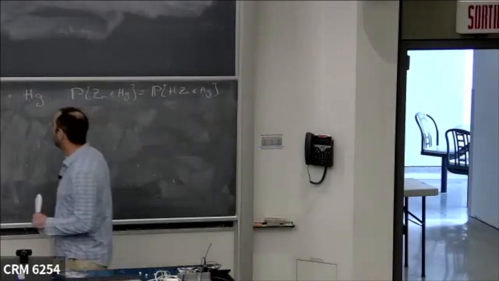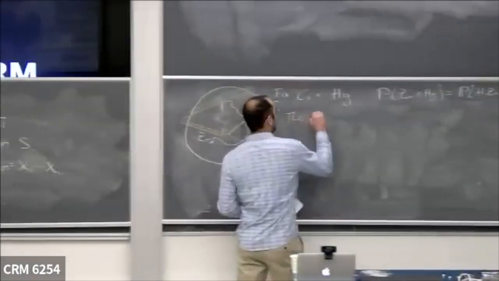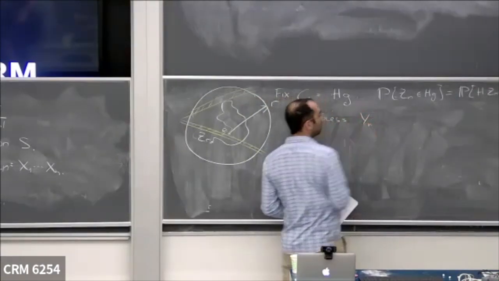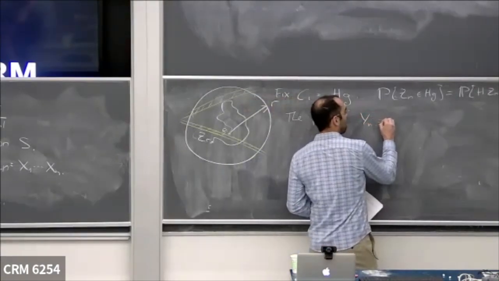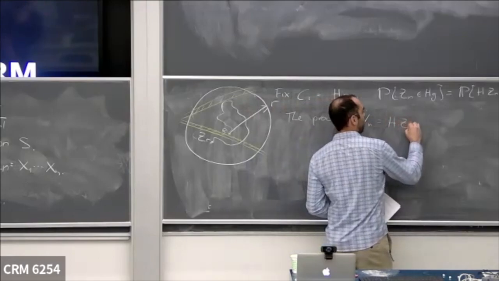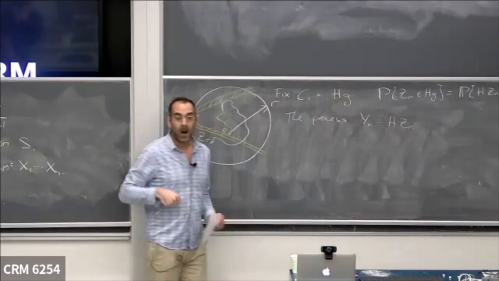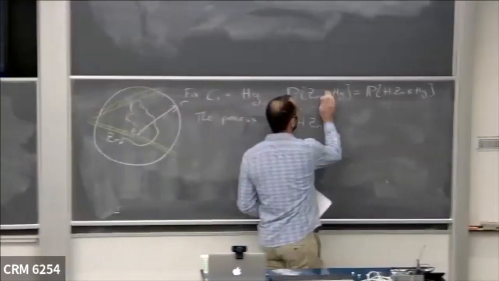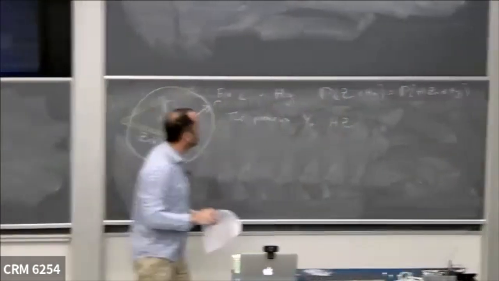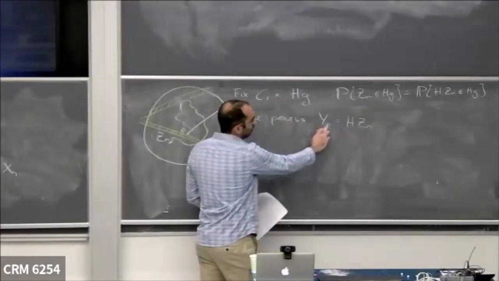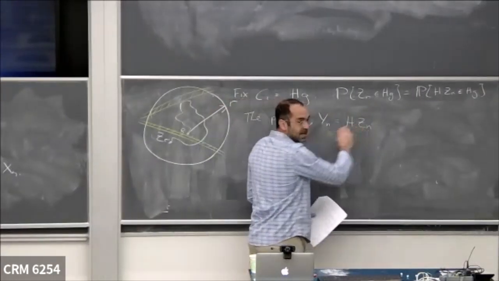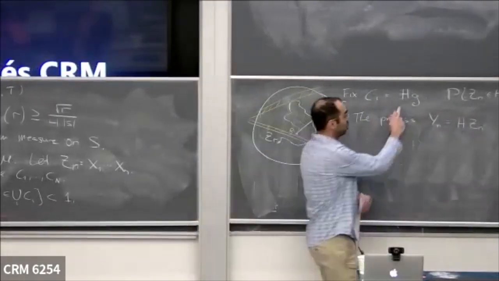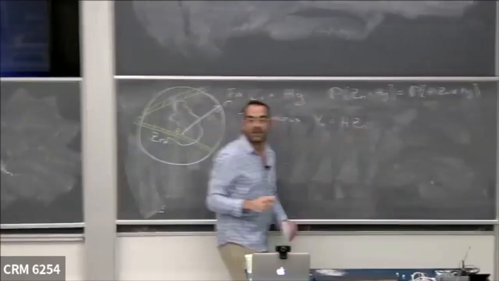Now, the process, we're going to now look at the process Yn, so a sequence of random variables Yn, which are HZn. Anyway, Yn is HZn. This is a coset. This is the coset of H that the random walk visits at time n.